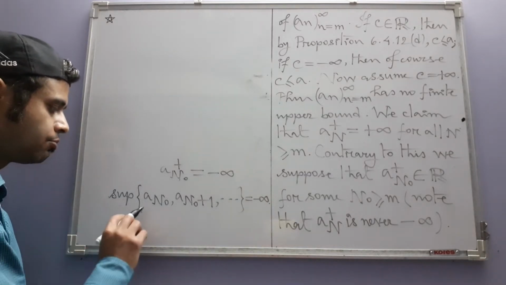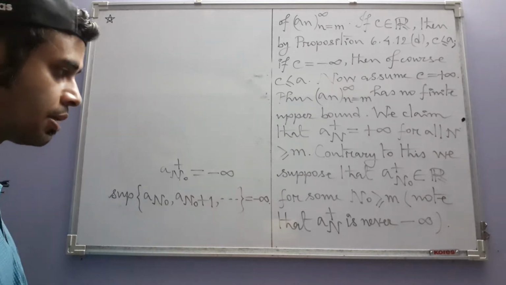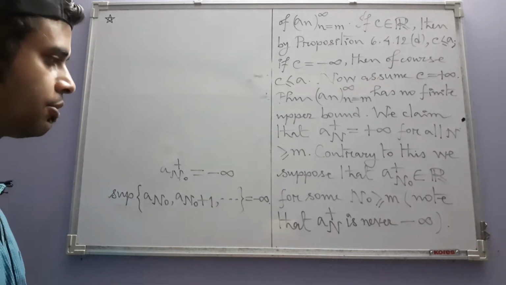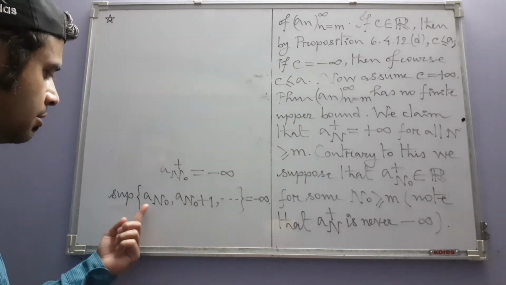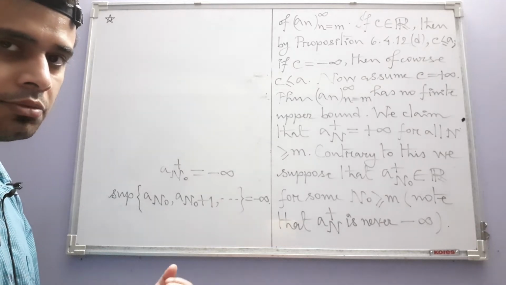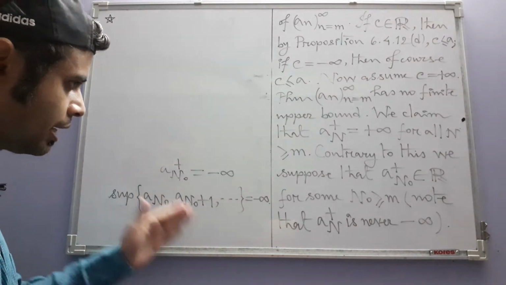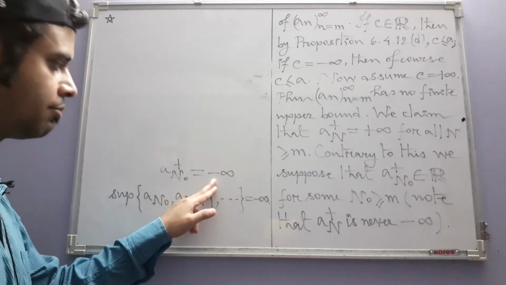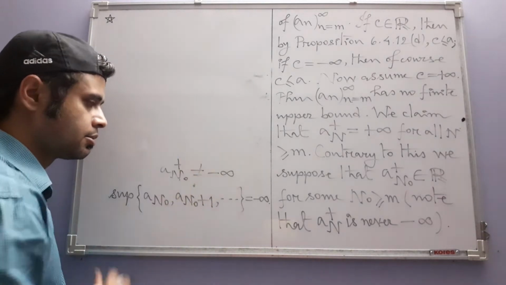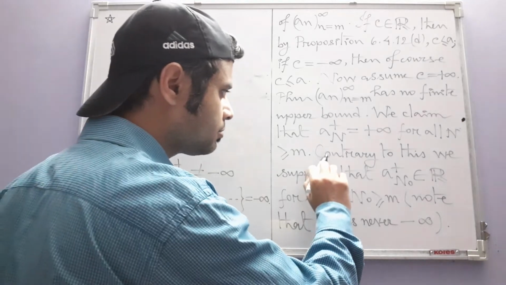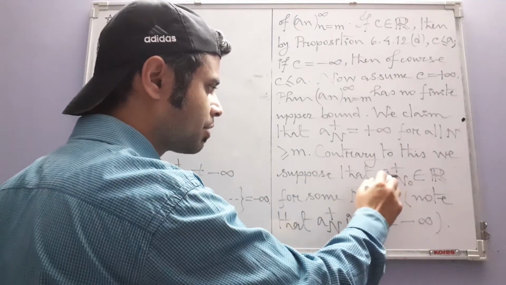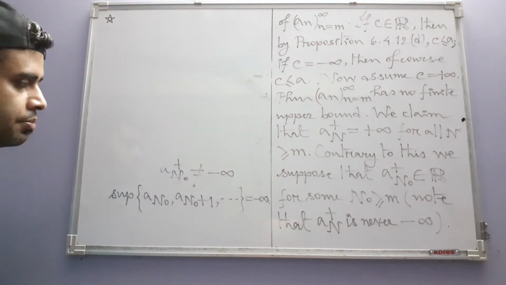However, that would force all these elements themselves to be equal to minus infinity. But that is not possible. Why? Because these are all real numbers. We are dealing with a sequence of real numbers. So that's why we don't have this case. It's always like this. So, contrary to this, our supposition actually implies that this is a real number.